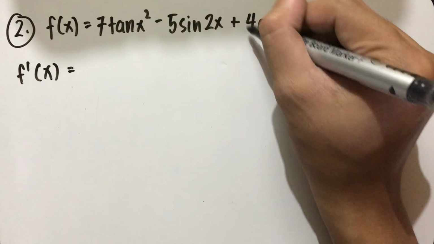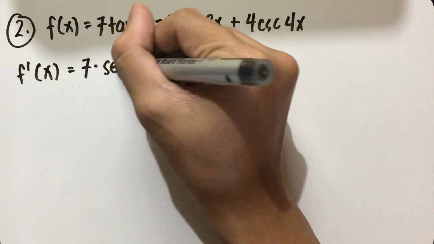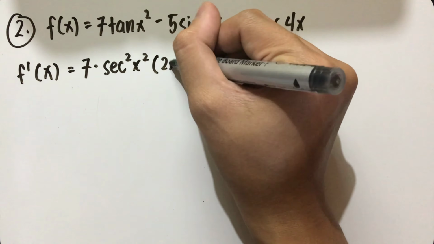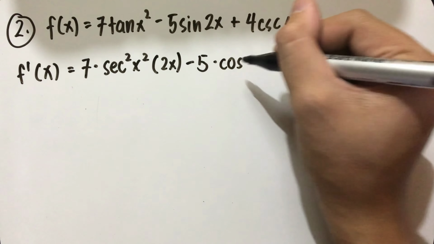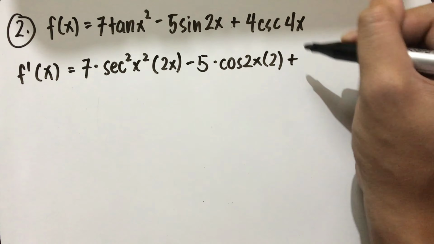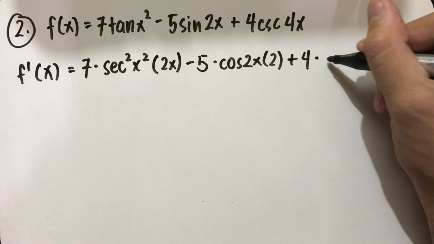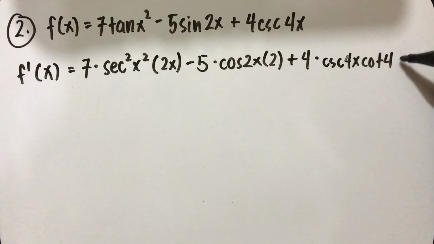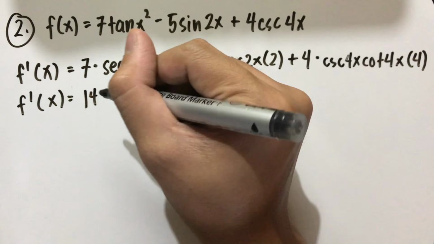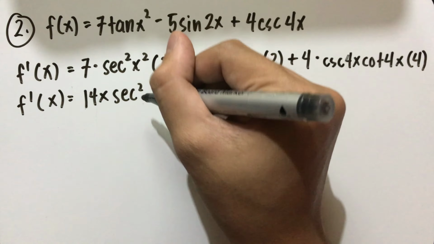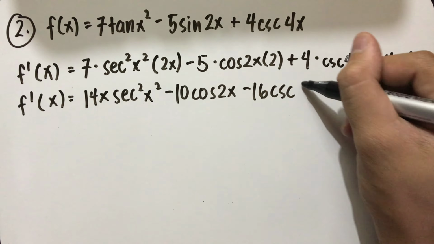So for the first one, 7 times the derivative of this, which is secant squared x squared times 2x, minus the derivative of the second term, which is 5 times the derivative of this, which is cosine 2x times 2, plus the derivative of the last term, which is 4 times the derivative of this, which is negative cosecant 4x cotangent 4x times 4. And by simplifying it, f prime of x is equal to 14x secant squared x squared minus 10 cos 2x minus 16 cosecant 4x cotangent 4x.